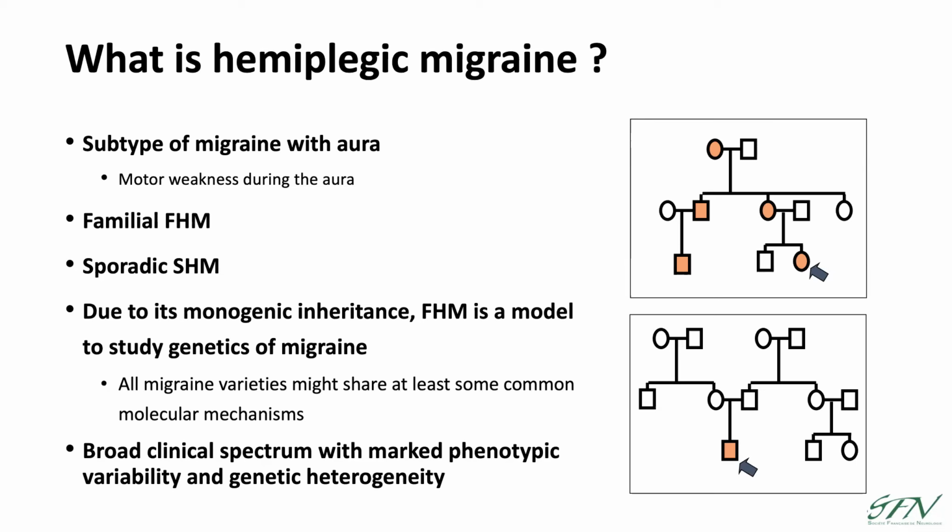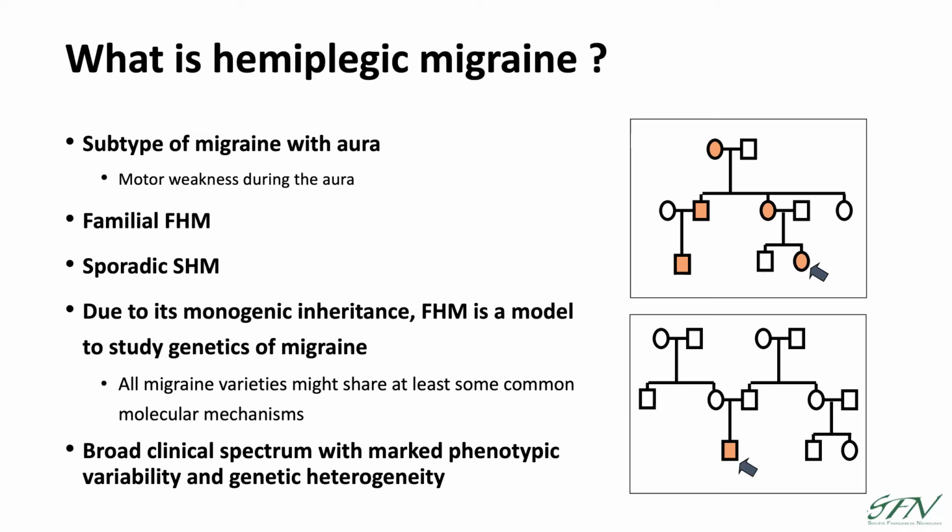However, despite the fact that familial hemiplegic migraine has a monogenic inheritance, that means that everything is explained by a mutation in a single gene for a given patient, familial hemiplegic migraine is characterized by a broad clinical spectrum with a marked phenotypic variability.